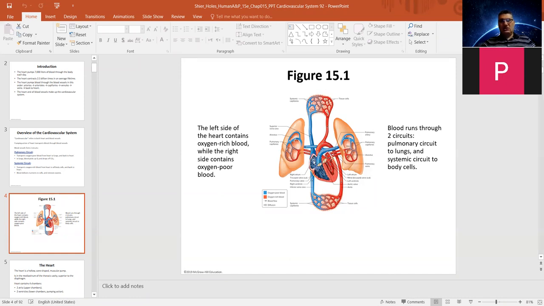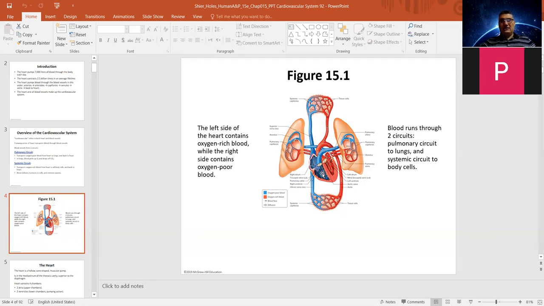We always start here, at the right atrium. So deoxygenated blood from the upper and lower parts of the body collects at the right atrium. Then it will leave the right atrium and go to the right ventricle, still deoxygenated. Doing that, it will pass through a valve here, and this valve is called either the right atrioventricular valve or the tricuspid valve.